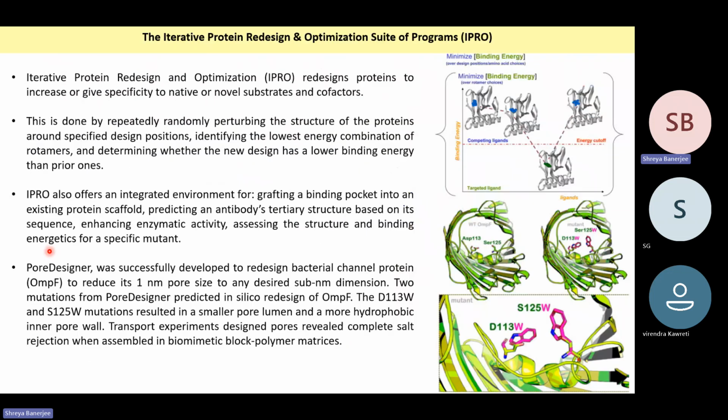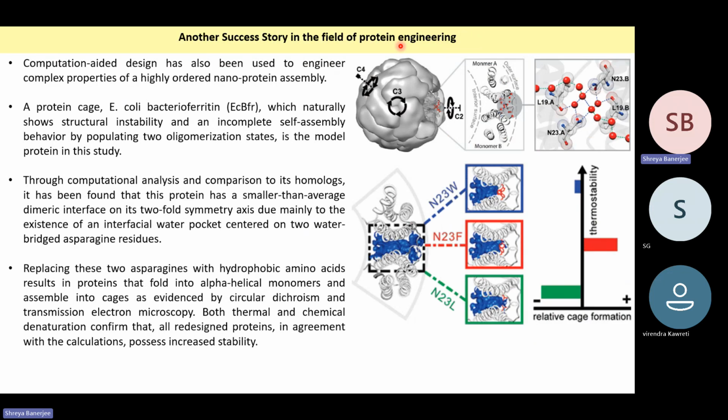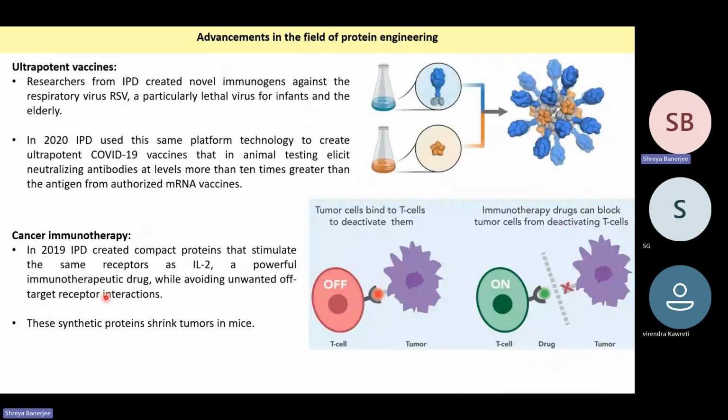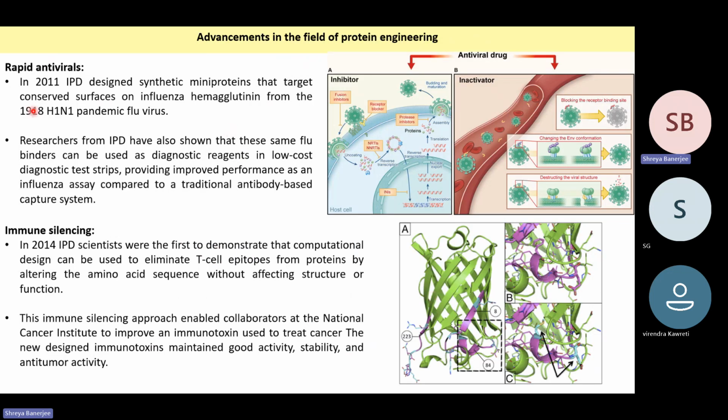If you remember, we just talked here about how specificity can be increased by different sets of programs which do protein engineering. So this cancer immunotherapy drug was made extremely specific so that it targeted only the cancerous cells. Then rapid antivirals have also been designed by this technique.